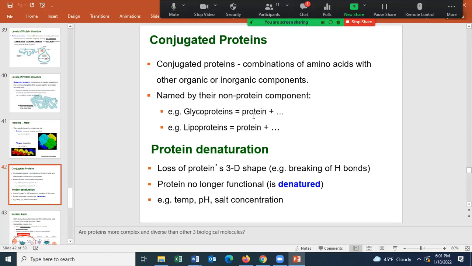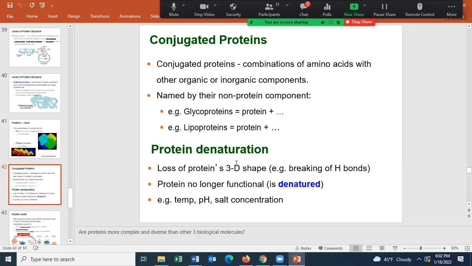Any question about any of that? You see glycoproteins in your blood and on the cell membrane, and that's true with lipoproteins, which most of you might be familiar with in your blood.